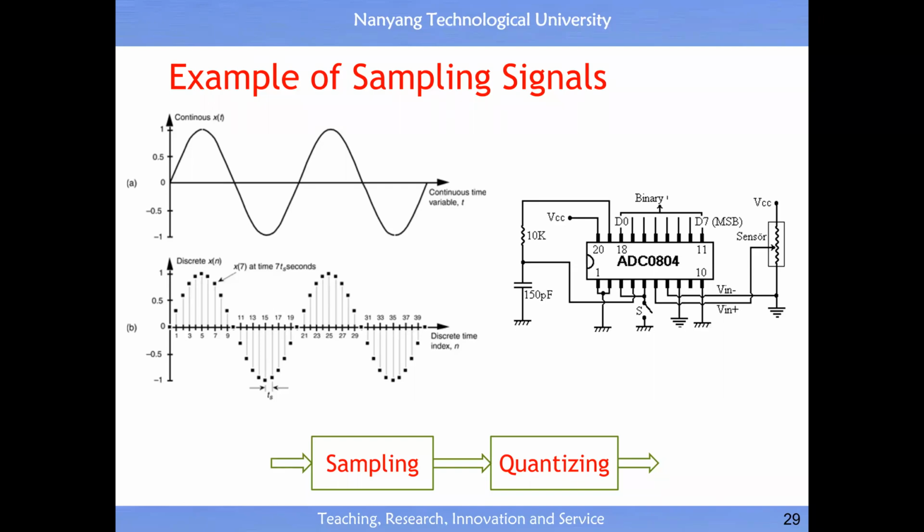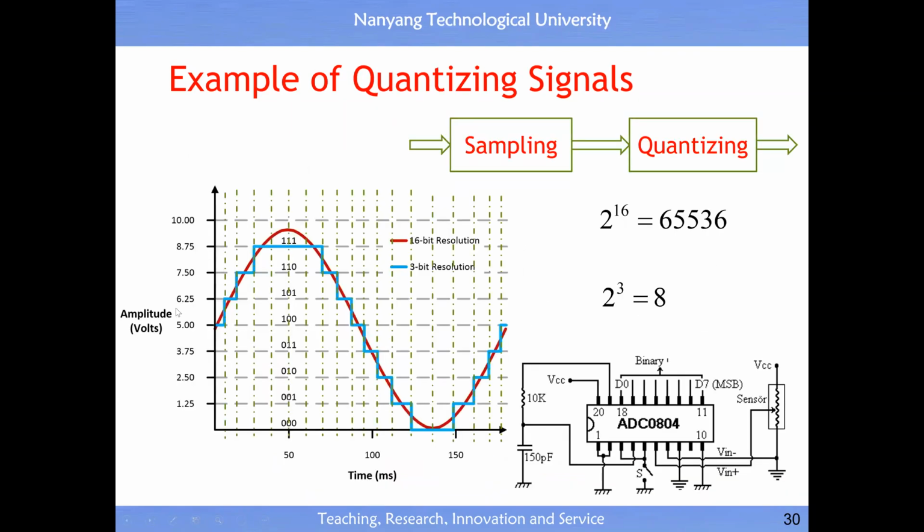So once you get the sample, this is the analog value at this time, then I need to convert it into a digital number. That is called quantization. That's it, very simple. At this time, I may get this analog value, but I do not use this value.